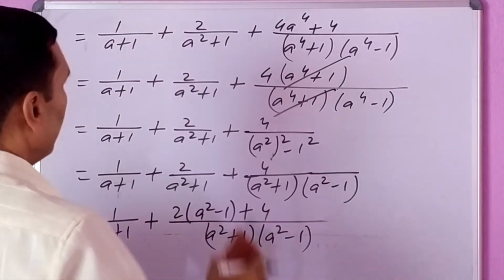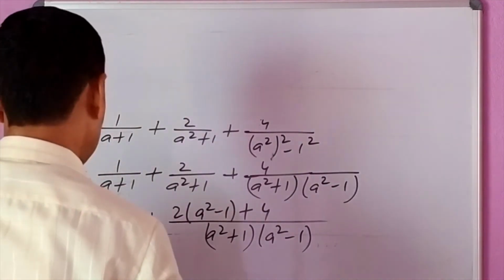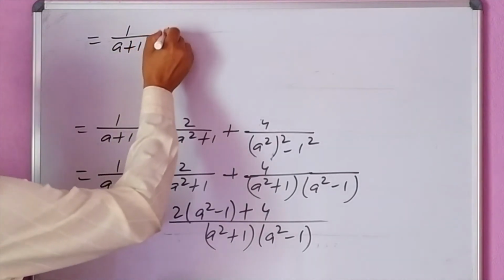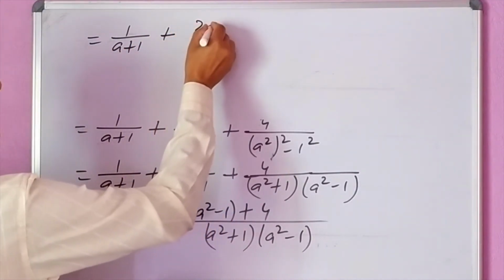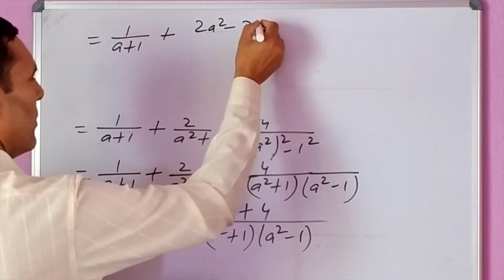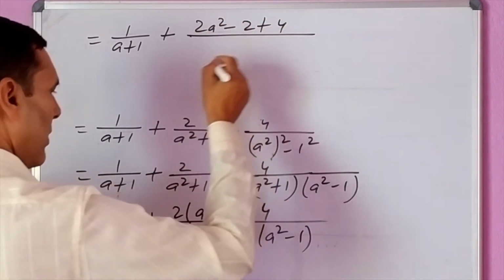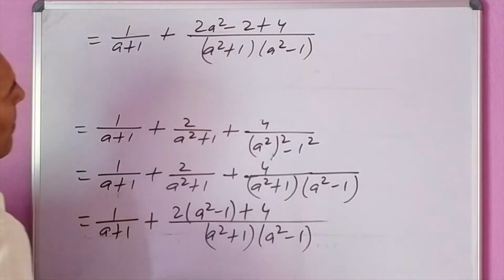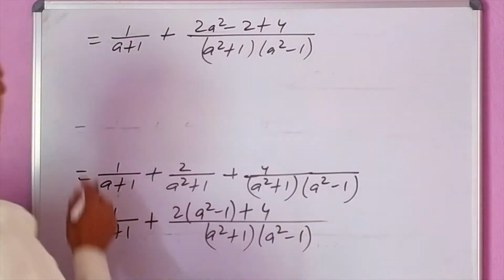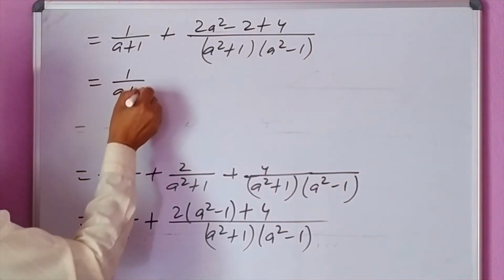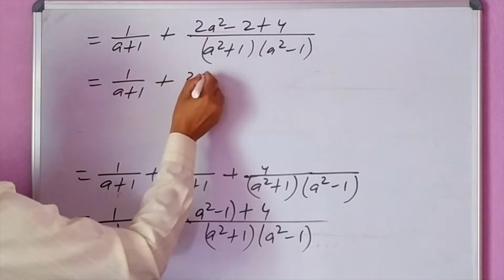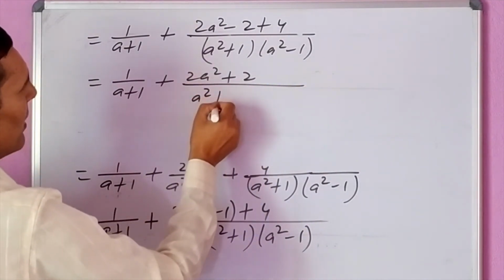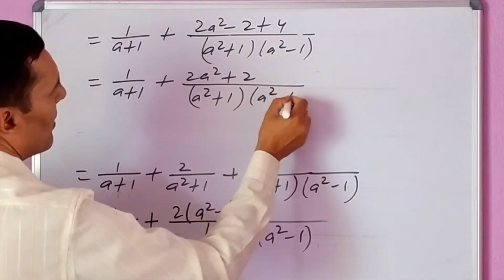So again we open this bracket here. One upon a + 1 plus, so this is 2a^2 - 2 + 4 upon denominator as it is, (a^2 + 1)(a^2 - 1). 1 upon a + 1 plus 2a^2 + 2 + 4 - 2, it is plus 2, upon (a^2 + 1)(a^2 - 1).